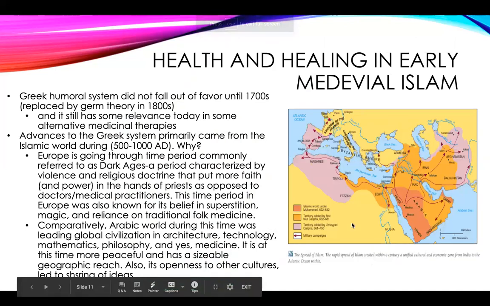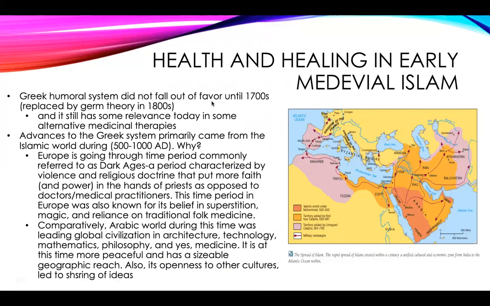Now, the next system that they talked about was in medieval Islam. Just to give you a sense of that area, I have a map showing how, during this time period, it spread from that initial area, which is the pink color, to the orange area, and then all the way throughout the light pink area.